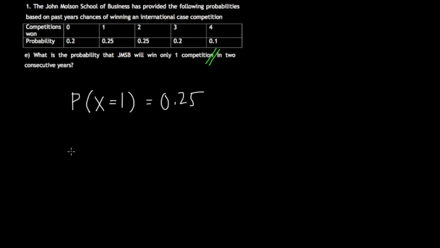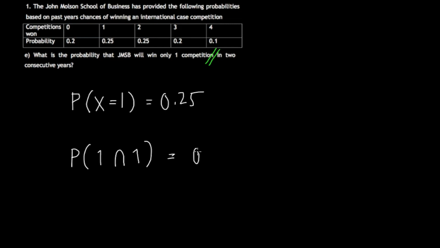And then the second part of the question says, in 2 consecutive years. So that translates into what? In the mathematical form, it's the probability of winning one competition in the first year and winning one competition in the second year, right? And we know from our probability rules that the intersection, the and, is multiplication.